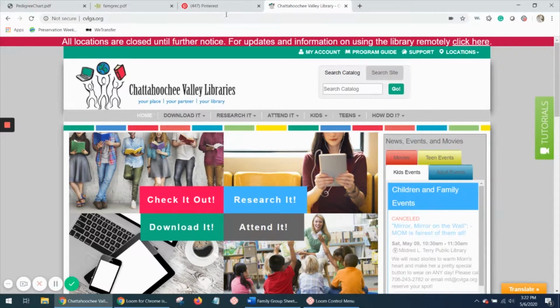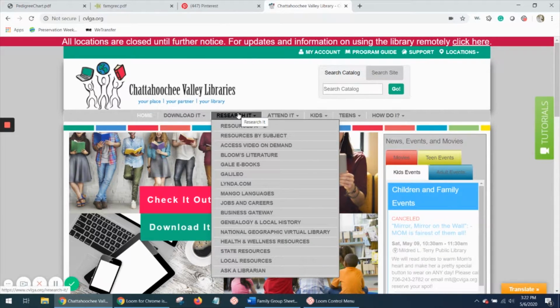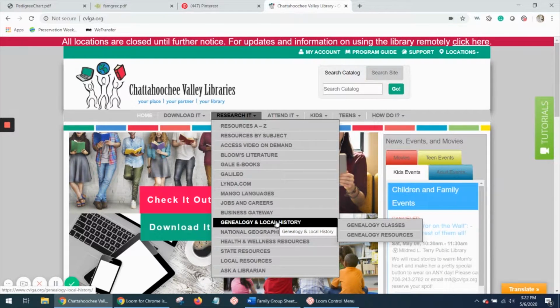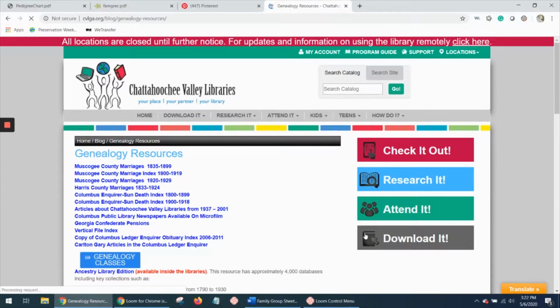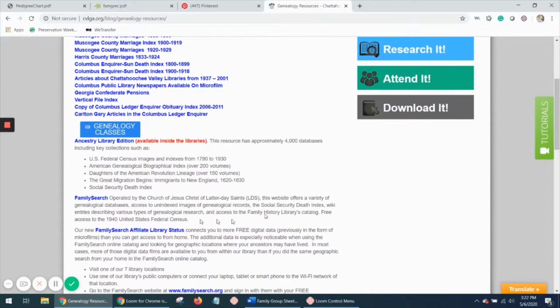Go to www.cvlga.org. Go to Research It, Genealogy and Local History, and Genealogy Resources. Scroll down to Ancestry Library Edition, which is free to use outside the library as long as the branches are closed.